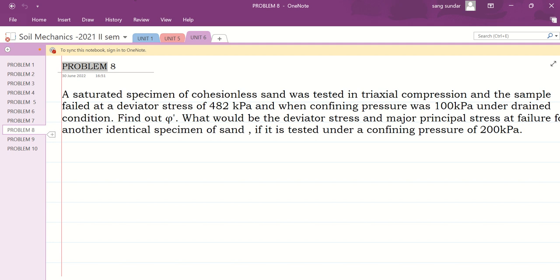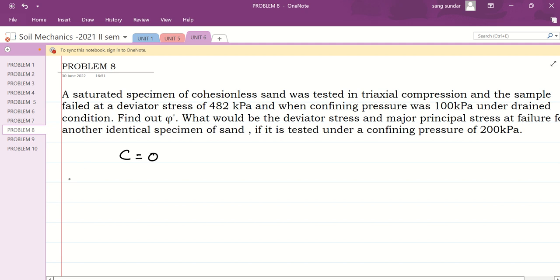The question is very simple, and we have solved a similar question during your classroom session also. Initially, a triaxial test was performed on sand. Since it is sand, C is equal to 0.